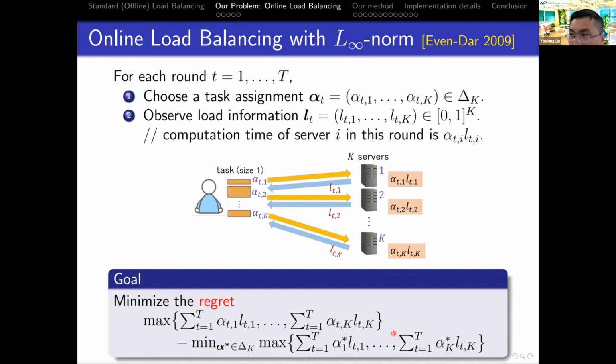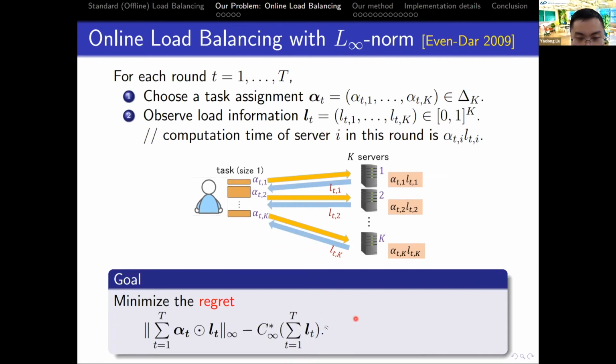Maybe this formulation is complicated, and we can rewrite it according to the rule on the previous page, so you can say this is like a global loss minimizer, optimal in the global load information vector.